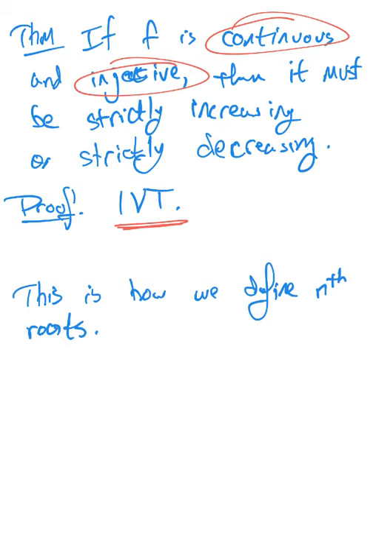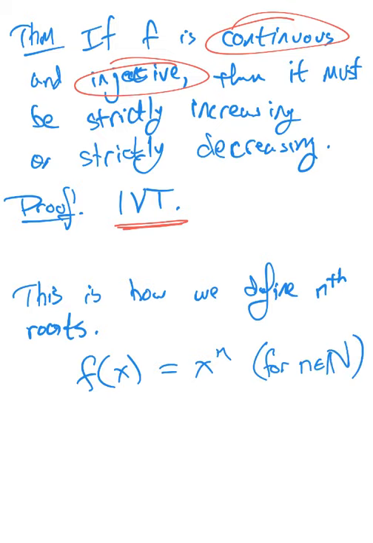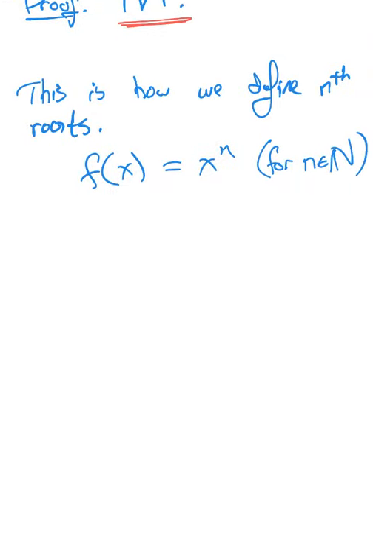I just want to note that this is one way to define nth roots. So we know, if we look at the function f of x that sends x to the n, for a natural number n, we can prove that's a strictly increasing function. There have been homework problems to that effect. And we've proved it's continuous.